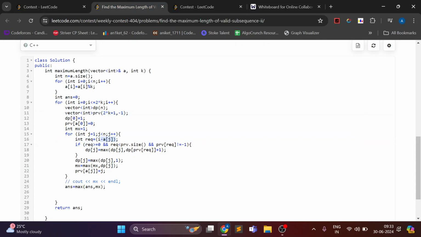Required would be i minus E of j. Then I will just check if it is valid. If it is valid, that means it is not negative, not greater than or equal to 2k. And if it is not uninitialized, meaning I have encountered that value, not equal to minus 1, I will update dp of j with dp of previous of required plus 1, and we can also initialize dp of j as 1.